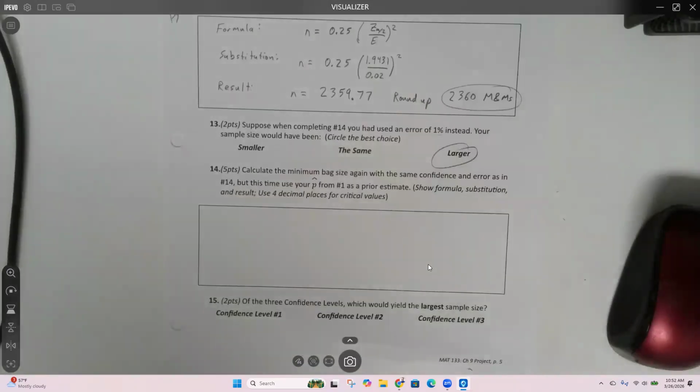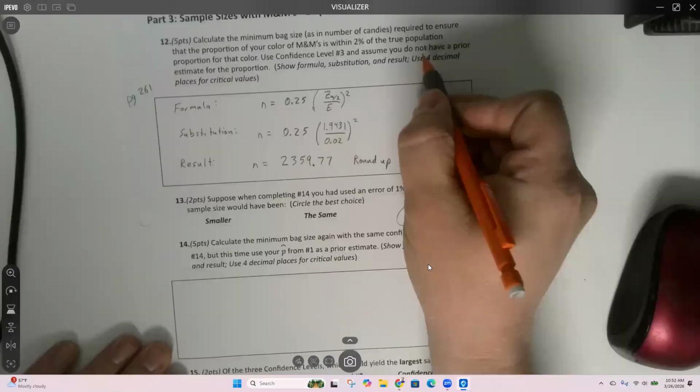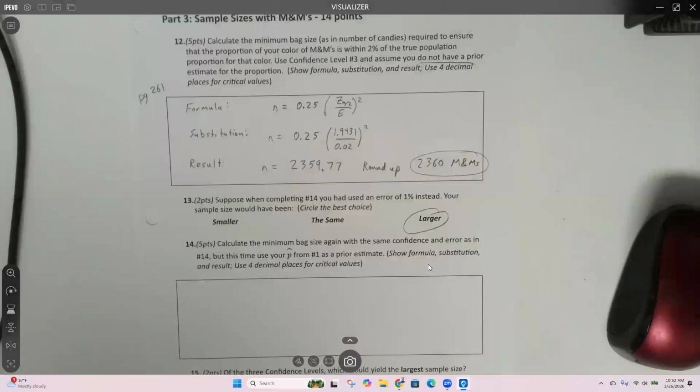Next, calculate the minimum bag size again with the same confidence and same error as number 14, but this time use a prior estimate. So we said we do not have a prior estimate. That's actually wrong. We do have a prior estimate.